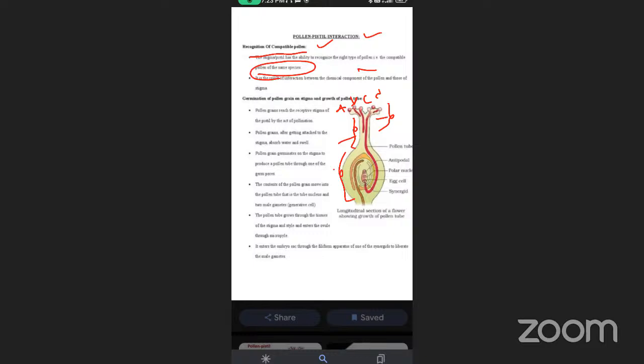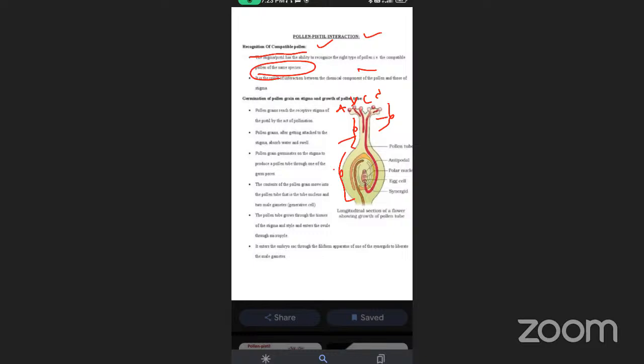Remember, compatible pollen means pollen of the same species, and pollen of another species is non-compatible pollen. So pollen pistil interaction means the stigma has the ability to recognize the right type of pollen, the compatible pollen of the same species, and it can reject other species. Is the definition clear?